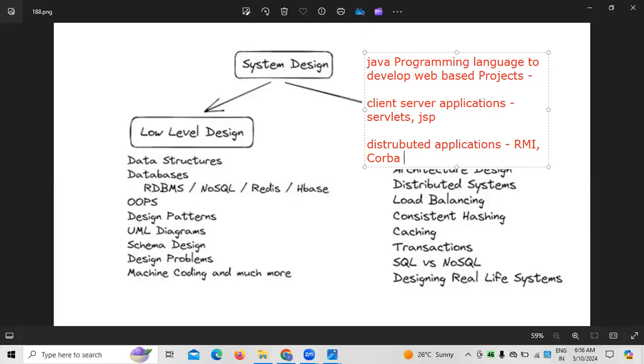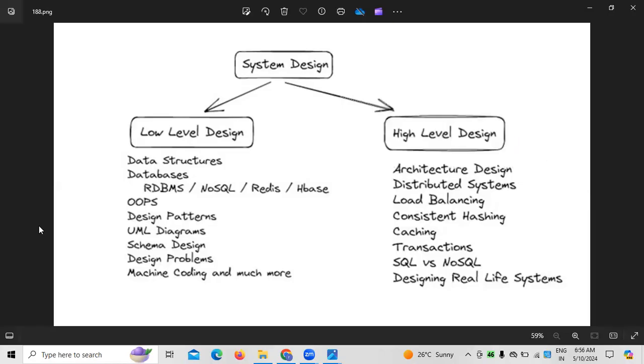So this is where distributed systems come in. If you want to understand how the data is distributed among the systems, whatever the technology, it can be RMI or it can be CORBA, all these things are being used.